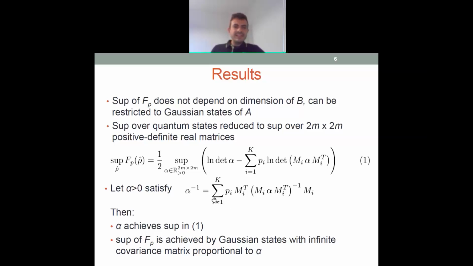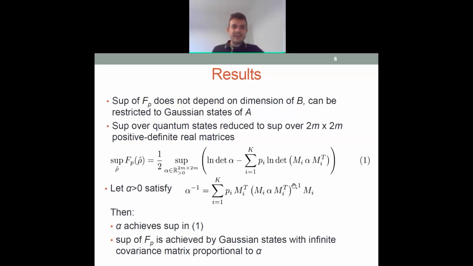You can check it. And we have proved that if some positive semi-definite matrix satisfies this stationary point condition for the function above, then this matrix is also a maximum point for the function. So this matrix alpha achieves the supremum in this equation.